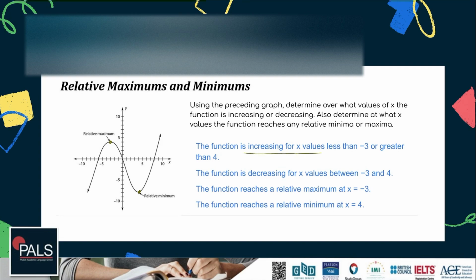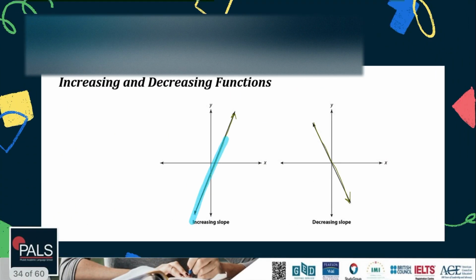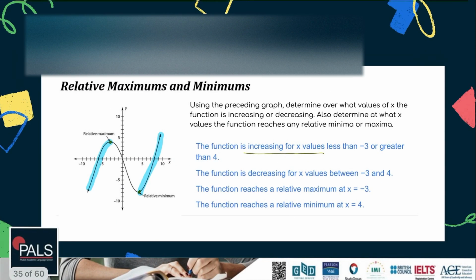So the function is increasing for x values, okay, this one is an increasing part, right? Look at it, because I told you this is increasing, so increasing means less than -3 and more than 4. But decreasing, look at it, this is decreasing, the function is decreasing between -3 and 4. This is the range of the graph that is decreasing.